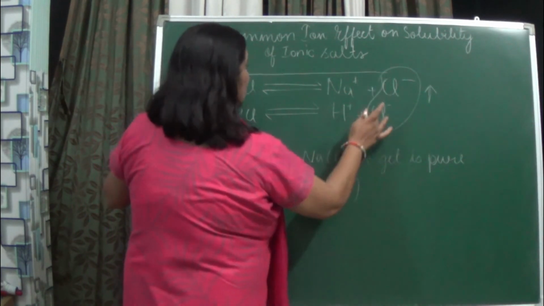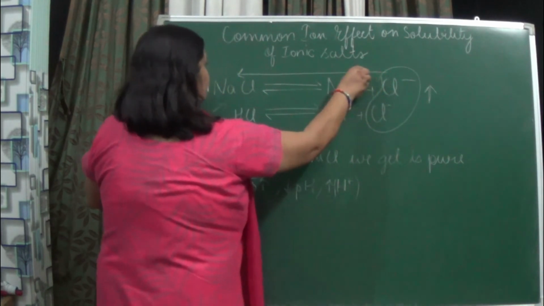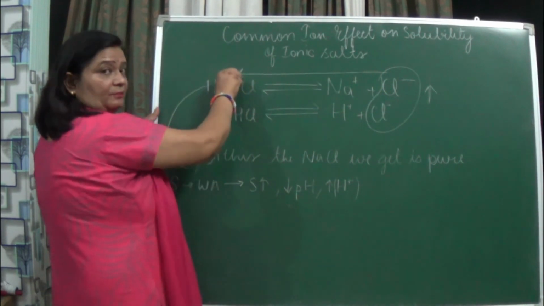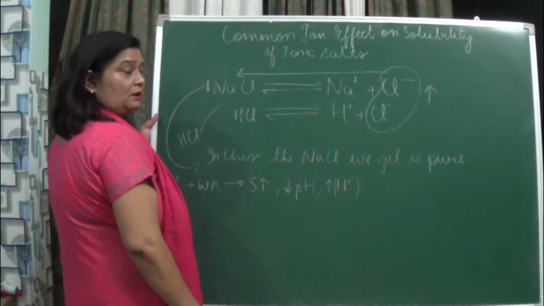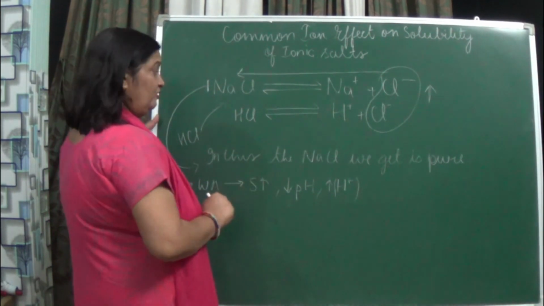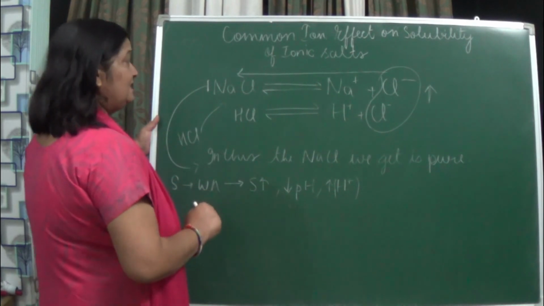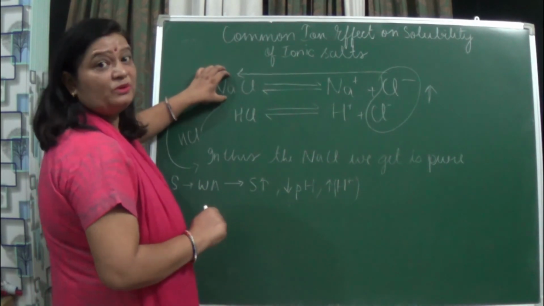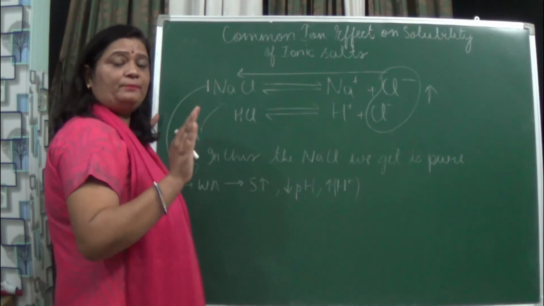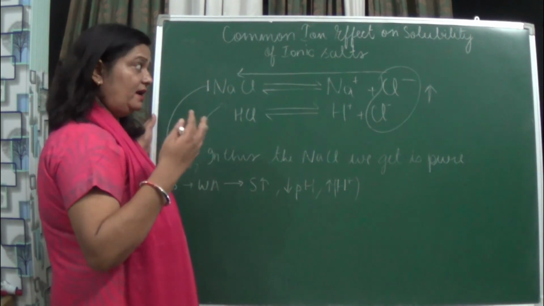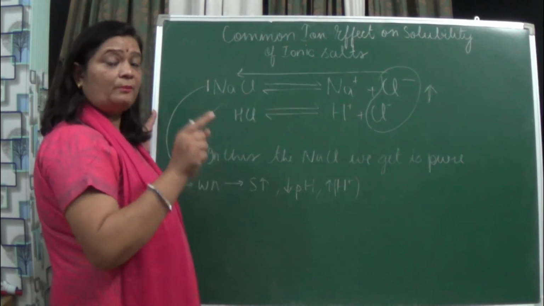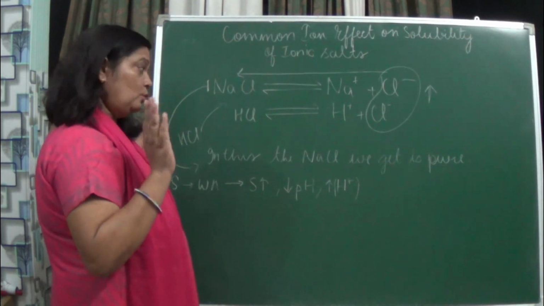As soon as this is formed, the reaction will go in the backward direction, because the concentration of Cl- has increased, and more NaCl will be formed. As a result, this NaCl will be in a totally pure form, and this can be used to make medicines or any other substances which require the pure form of sodium chloride.